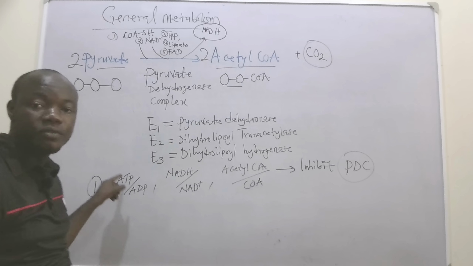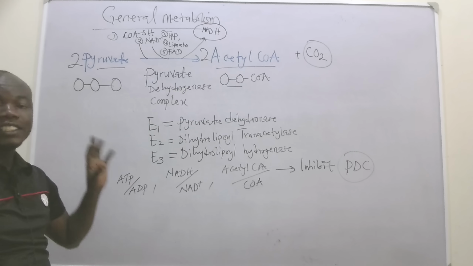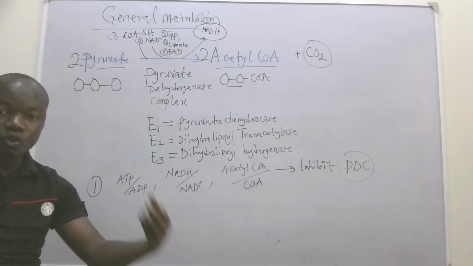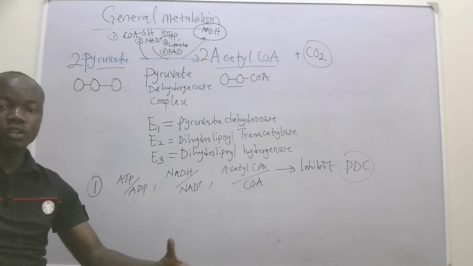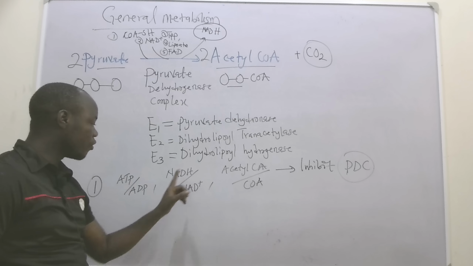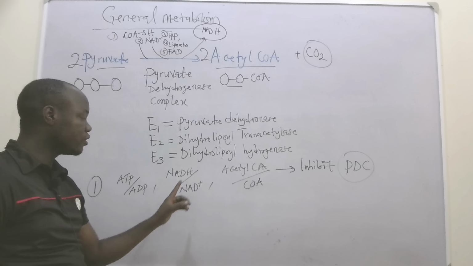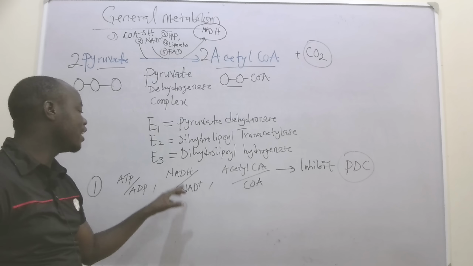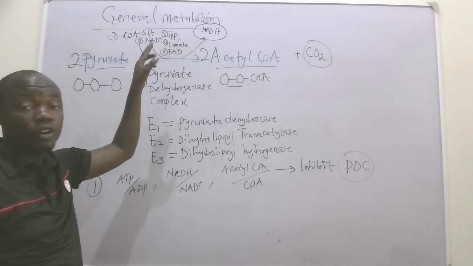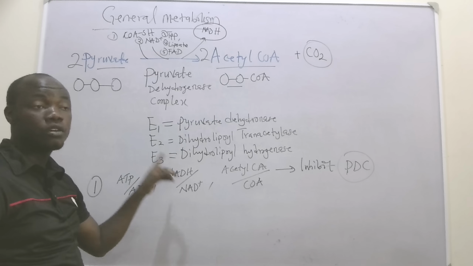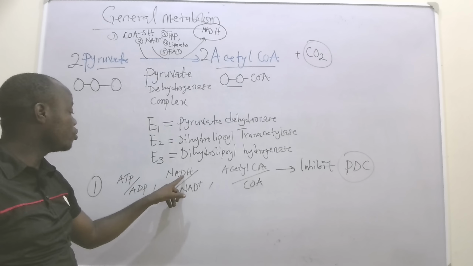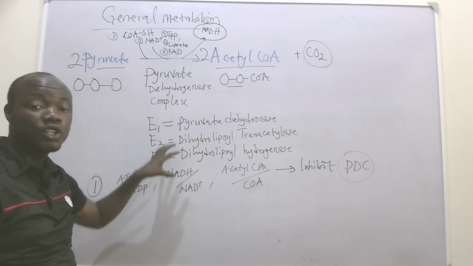In addition, when the NADH to NAD plus ratio is high, it also indicates that there is enough NADH, because the major aim of the Krebs cycle is to generate NADH to continue to the electron transport chain to generate energy.